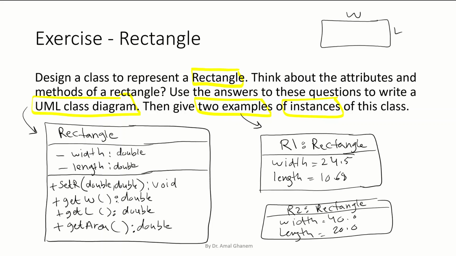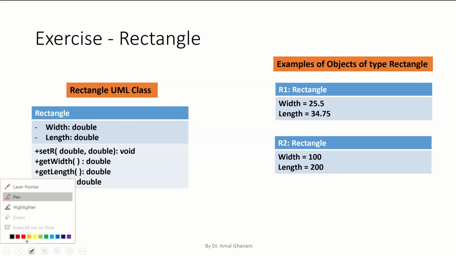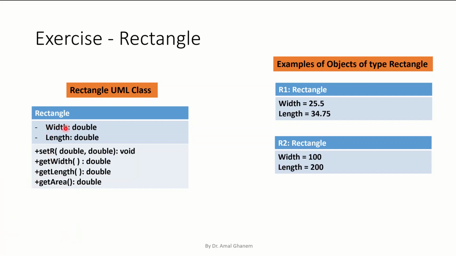So let's look at the second slide because it will be much clearer. In the rectangle UML class, they have defined the following. Width and length, double and double, just like the way we did. Minus means private. The methods they have are setR, getWidth, getLength, and getArea.